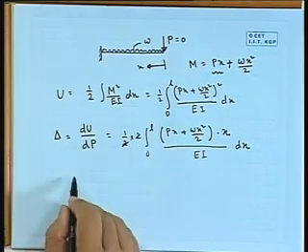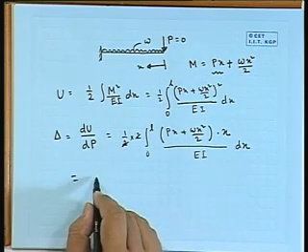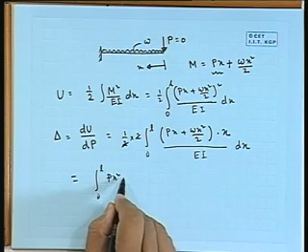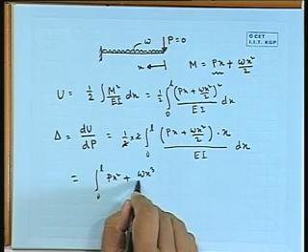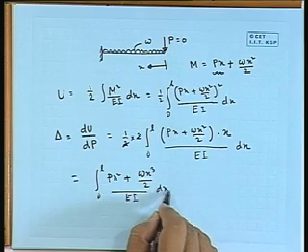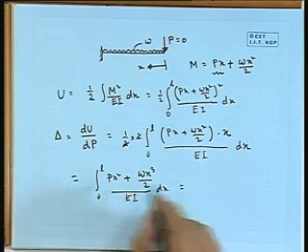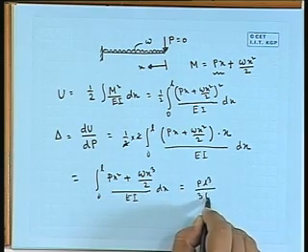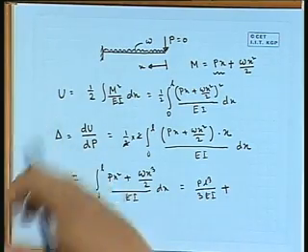So, this will cancel. Let us put the integral: P x square, and another part is omega x cube divided by 2, whole quantity divided by EI into dx. Or we can write it as P L cube divided by 3I plus, so this x square will become x cube divided by 3.